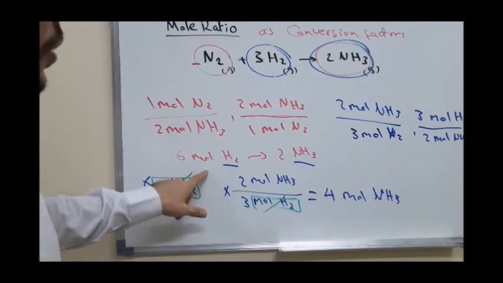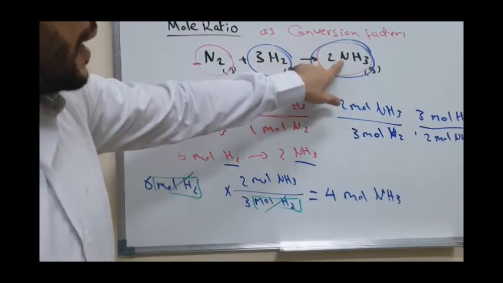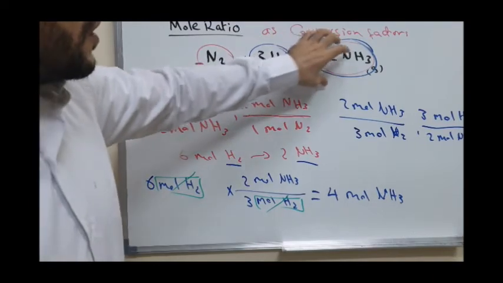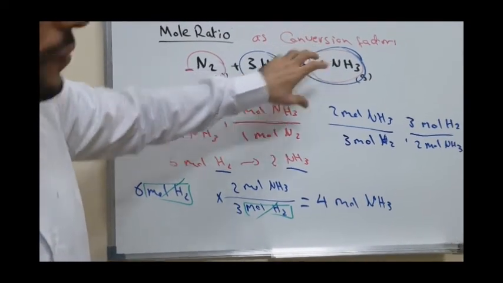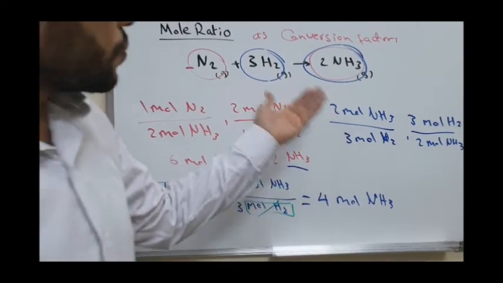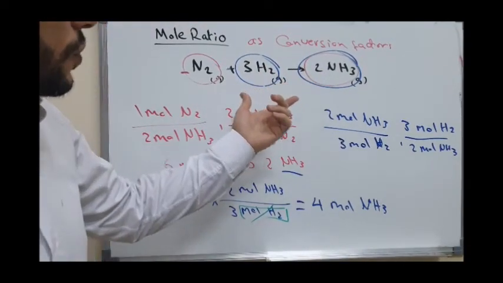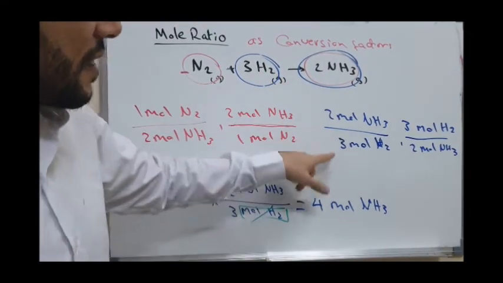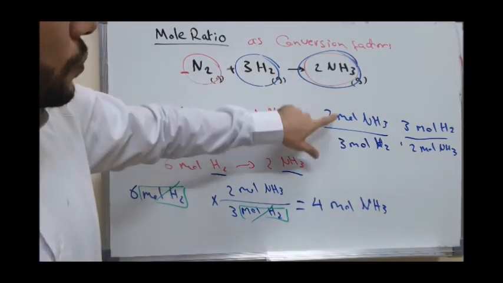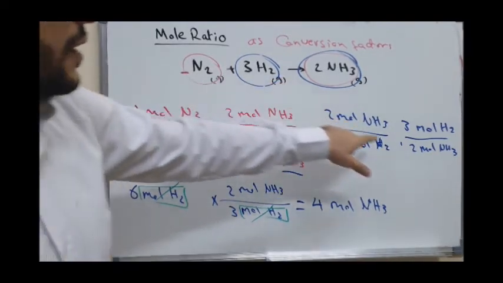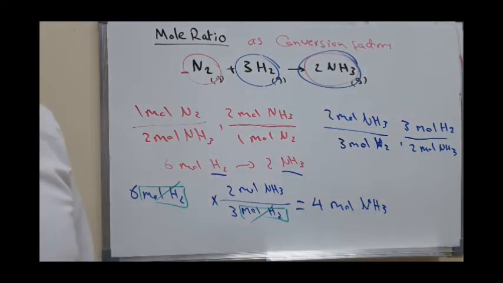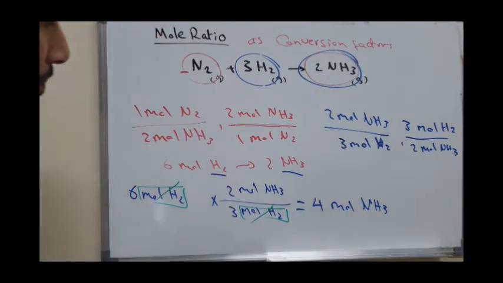In this case, the relationship is between hydrogen and ammonia. So we will ignore nitrogen and write the suitable conversion factor. The relationship gives us 2 mole ratios: if we use 3 moles of hydrogen, we will produce 2 moles of ammonia, and if we want to produce 2 moles of ammonia, we have to use 3 moles of hydrogen.